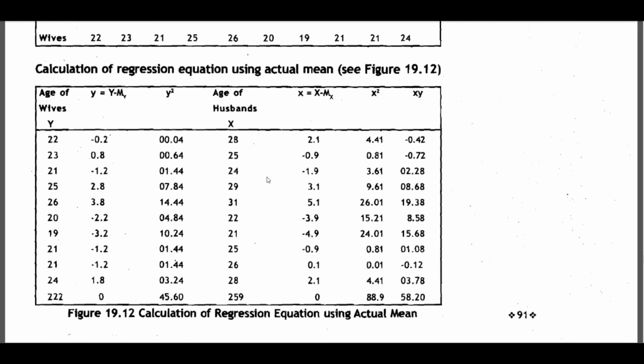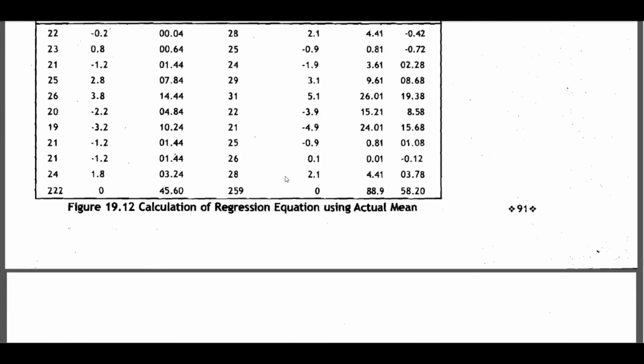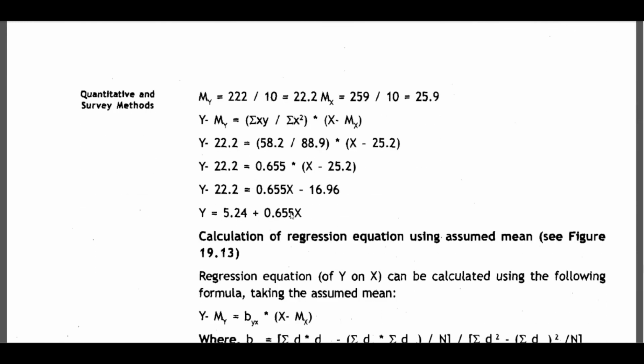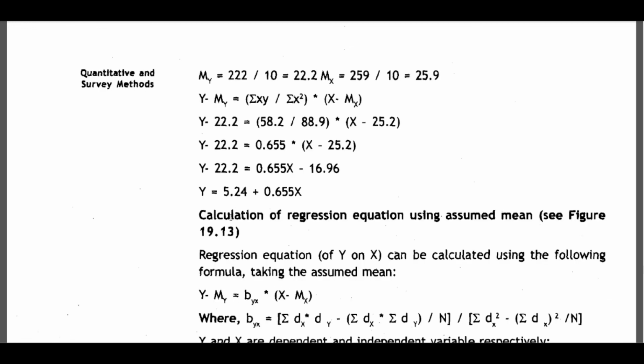Corresponding values are calculated and put in the equation, then we will get the regression. The regression form is like this: y is equal to a constant plus the regression coefficient times variable x.